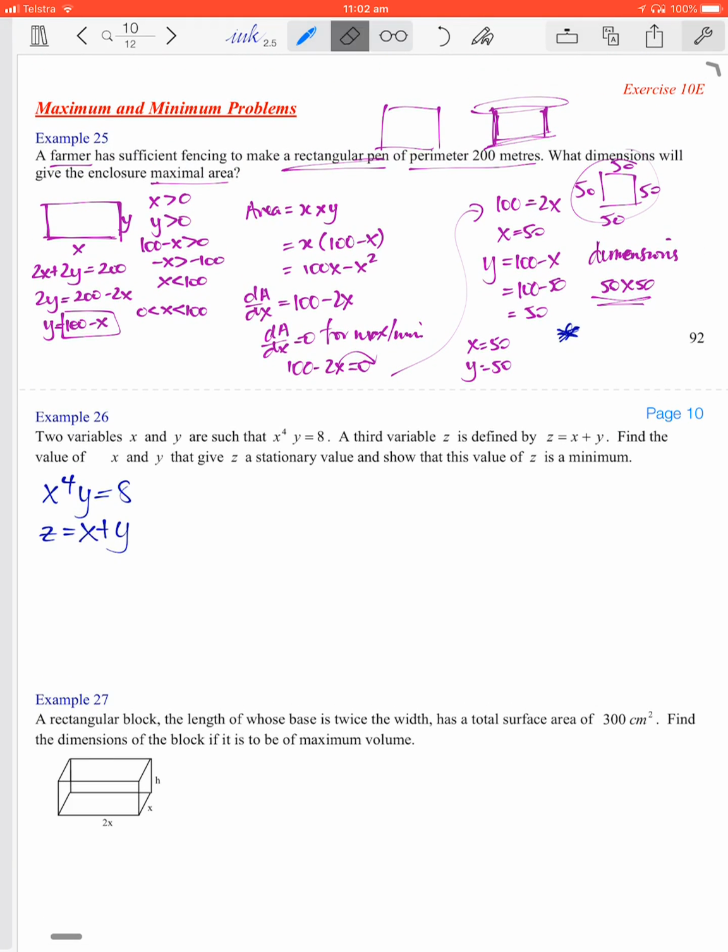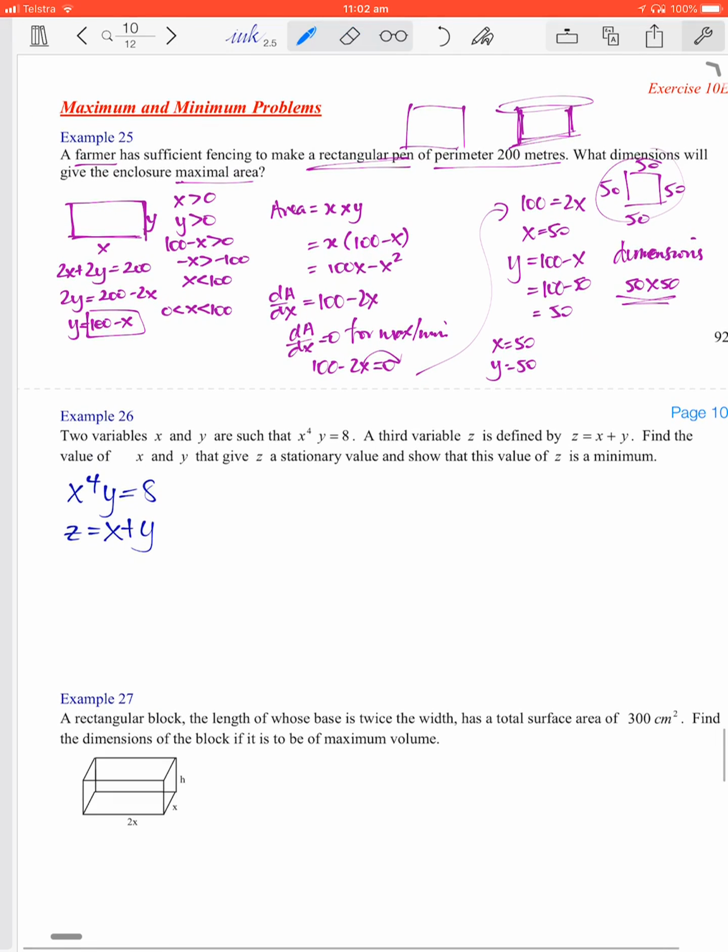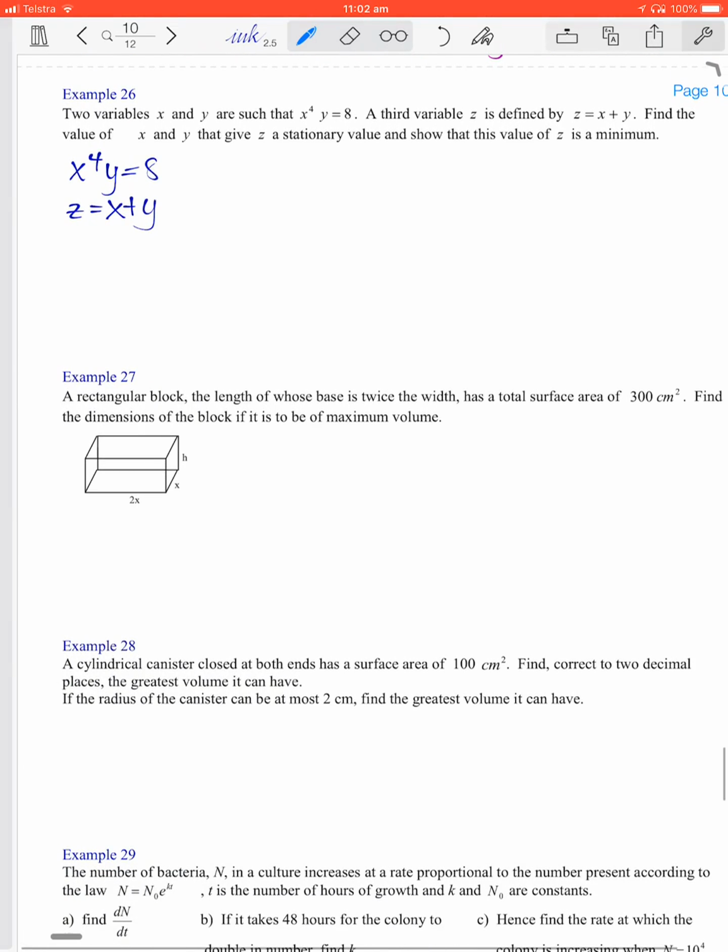Actually, let's just do it. If we find the second derivative here, we get d squared A/dx squared. Derivative of that is negative 2. So it has to be a max, because when the second derivative is less than 0, it's a max. So we've just proven that it's a maximum.